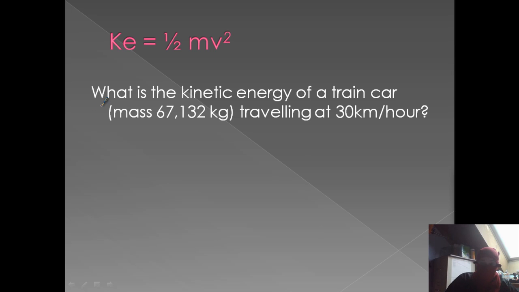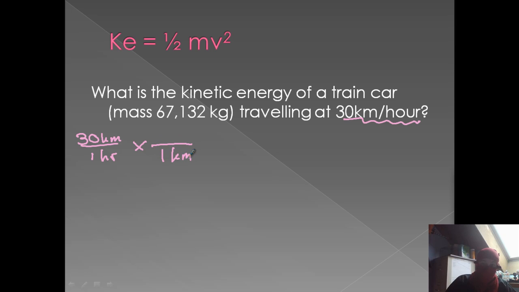So example number 1, what is the kinetic energy of a train car with a mass of 67,132 kilograms traveling at 30 kilometers per hour? So we don't like kilometers per hour. We like MKS units. So we have to convert that into something first before we do anything. So we have 30 kilometers over 1 hour. We're going to have to convert this into meters per second.